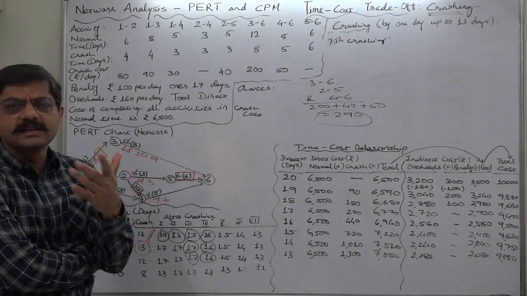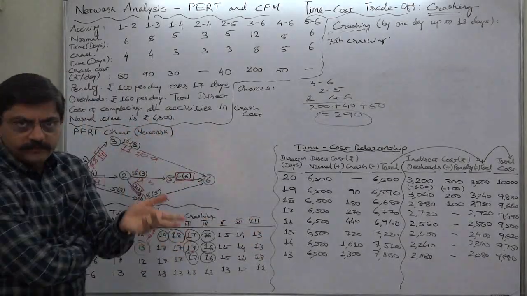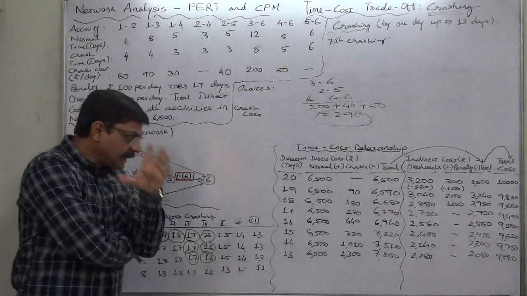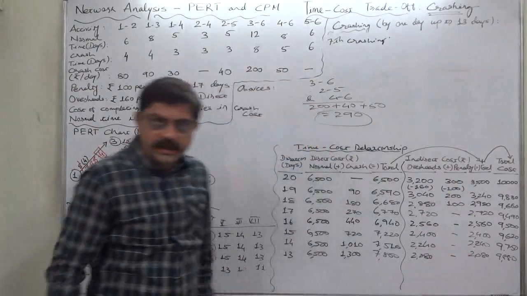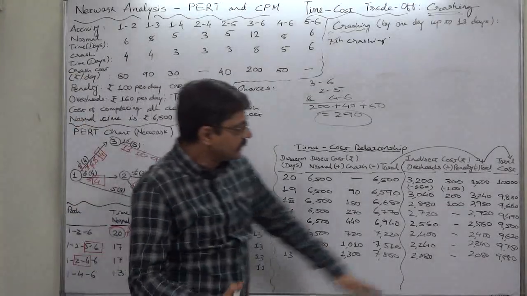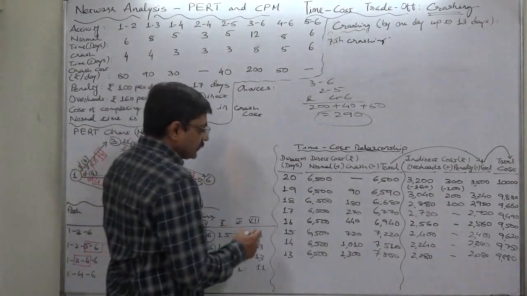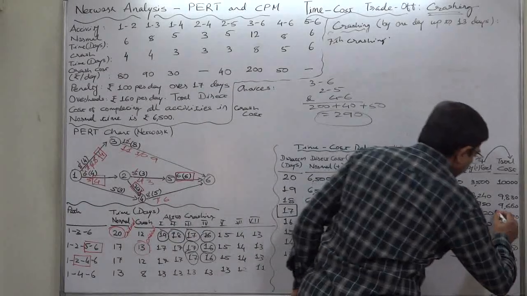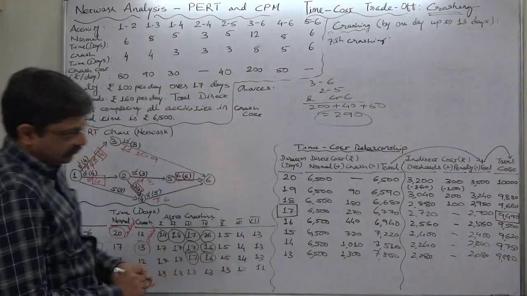We can easily understand this thing remembering the incremental cost concept of the managerial economics. We have increase in cost on one hand and decrease in cost on other hand, but the increase in cost is greater than the decrease in cost. As a result, the total cost increases. We can see this thing after 17, and we can conclude that the duration of 17 days has the lowest possible cost.